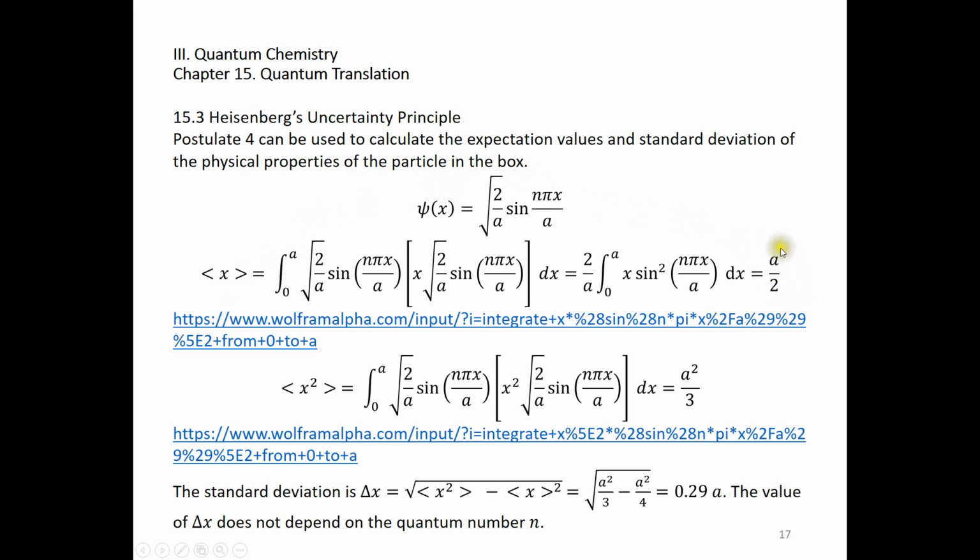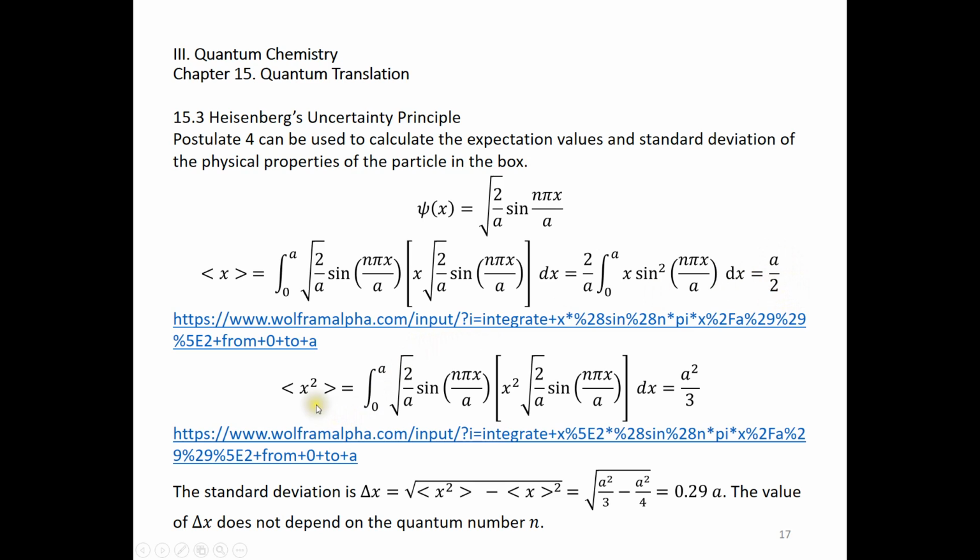And also, we can avoid doing any mathematics. We just look at the shape of the wave function. Well, it's fairly symmetrical, so x would have the average at the midpoint of the box.